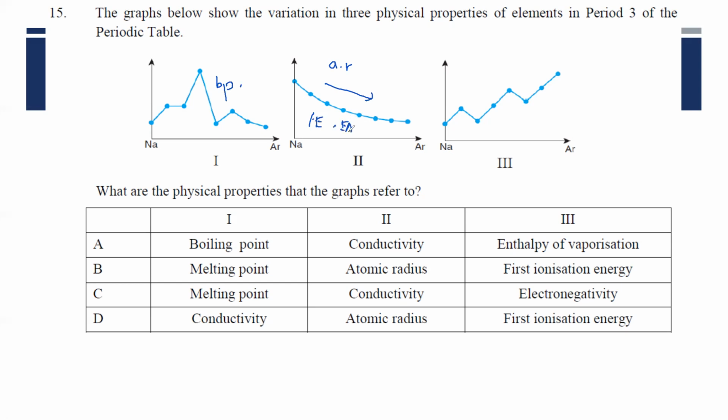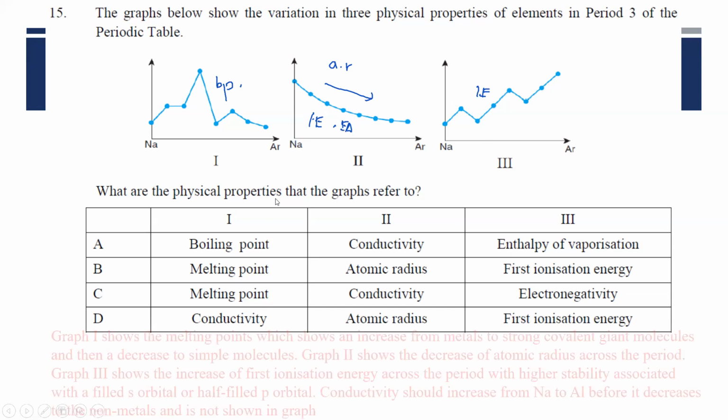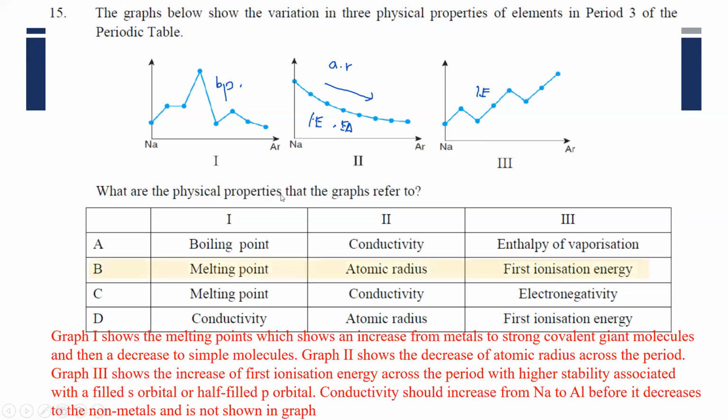Then electronegativity is also showing a negative trend. And last but not least, this one is obviously ionization energy. So the best answer here is B, melting point, atomic radius, ionization energy. Okay, so that is for question number 15.